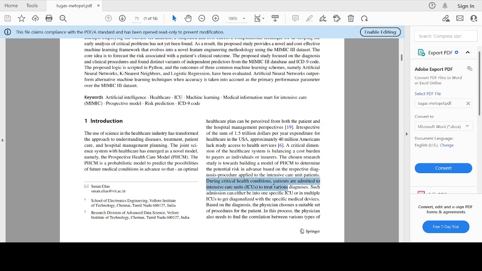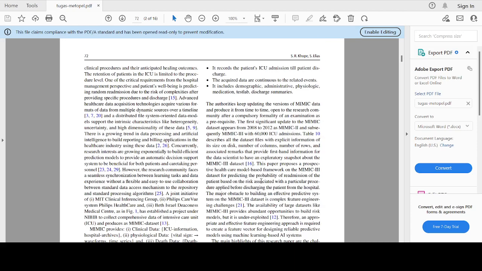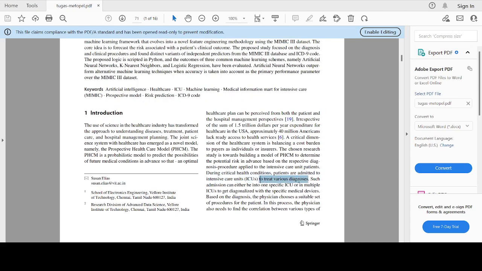During critical health conditions, patients are admitted to intensive care units or ICUs to treat various diagnoses, such as admission can either be into one specific ICU or in multiple ICUs to get diagnosed with the specific medical devices.